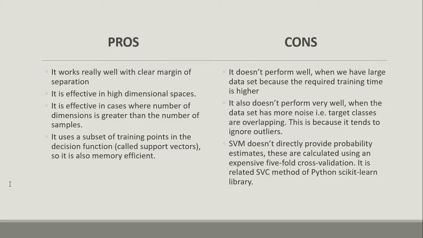The last disadvantage is that SVM doesn't directly provide probability estimates. These are calculated using an expensive fivefold cross validation. As we did the cross validation using the tune function, the SVM doesn't directly provide a probability, so we had to use the predict data set and everything.